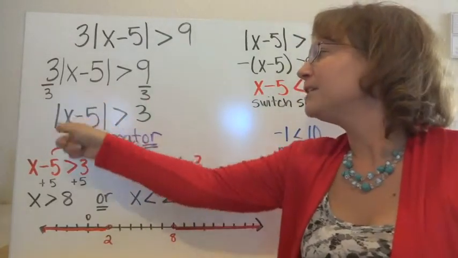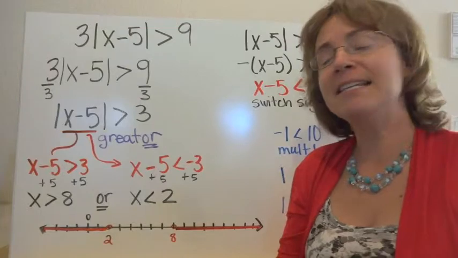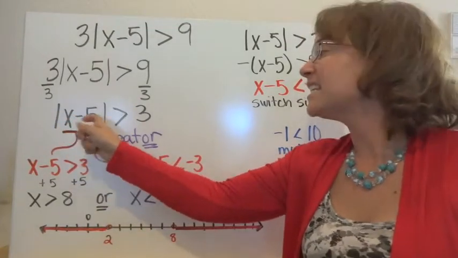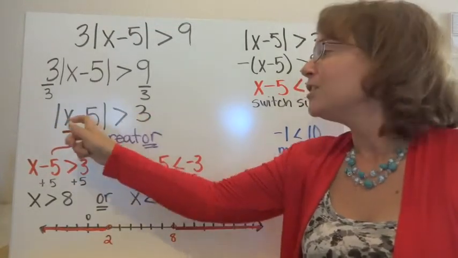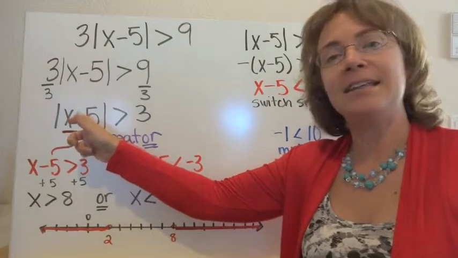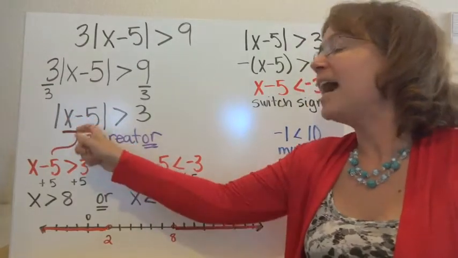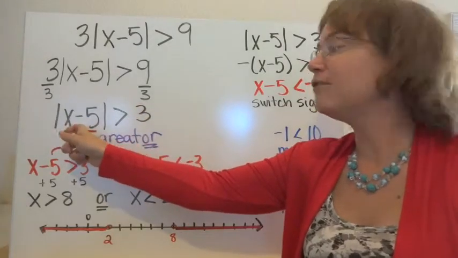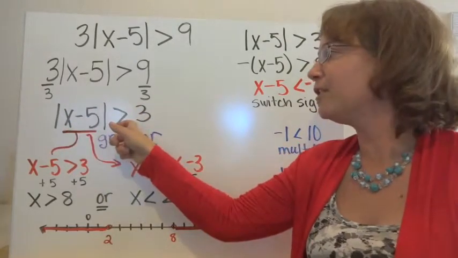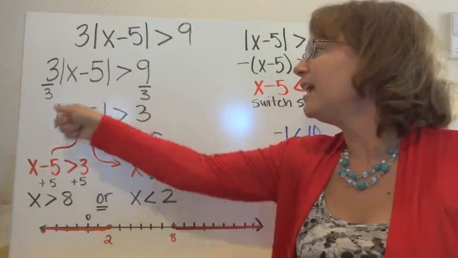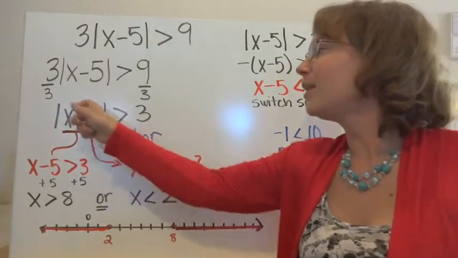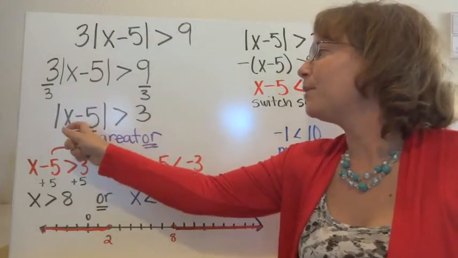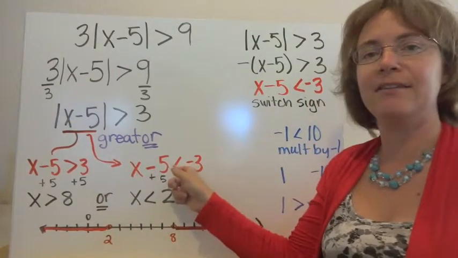Now the reason is if we take the absolute value of something that's less than -3, so say -10, and we take that absolute value, that is going to be greater than 3. So the absolute value of -10 is going to be 10, and that's greater than 3. And so we want the negative of this right here. When we're looking at that, we want this quantity to be less than -3.